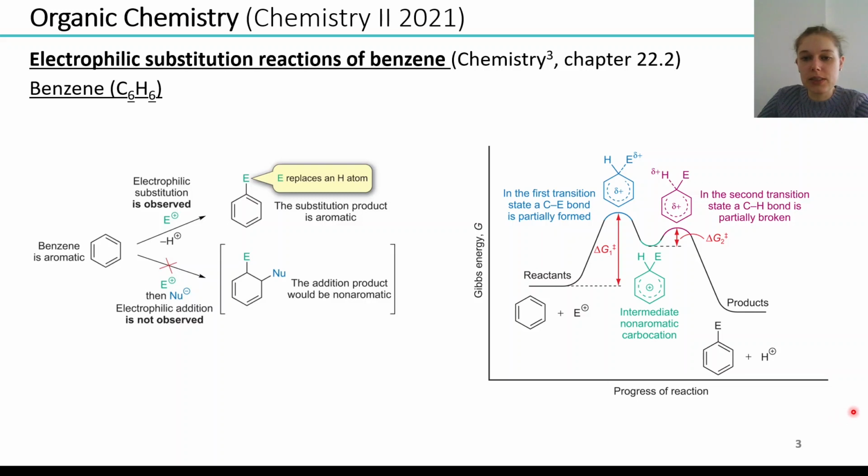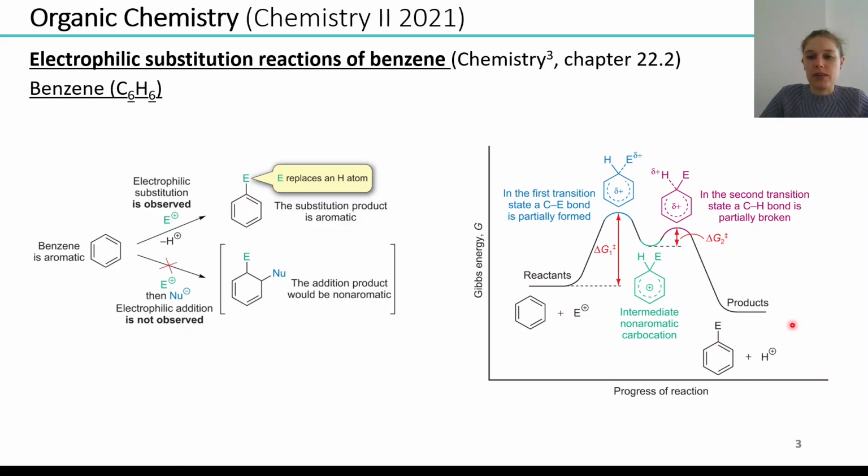What is important here is that the deprotonation will always take place from that carbon atom which forms the new bond to the electrophile.